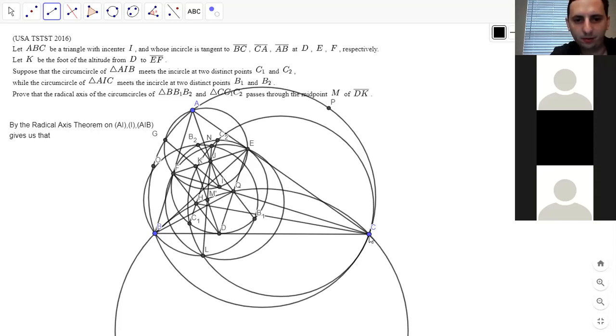Yeah, I wish I could use that fact. I'm not sure how. This almost looks like Pappus's theorem. So we have this and this.